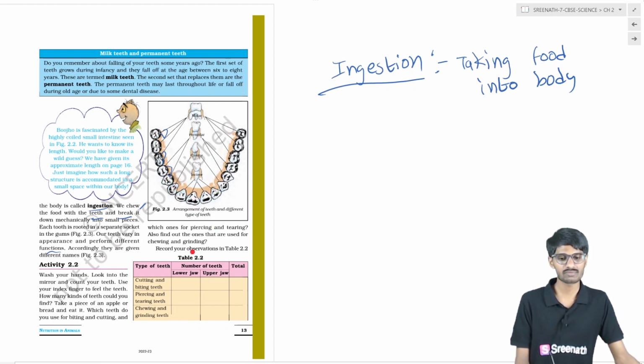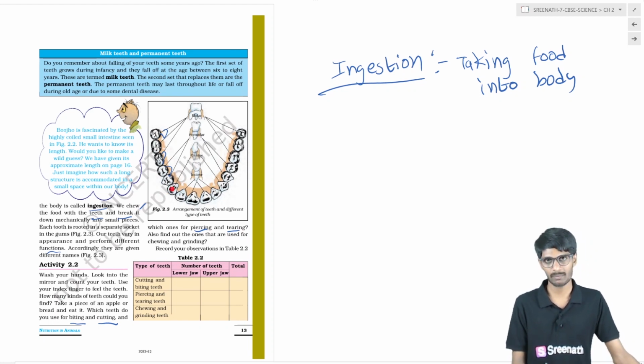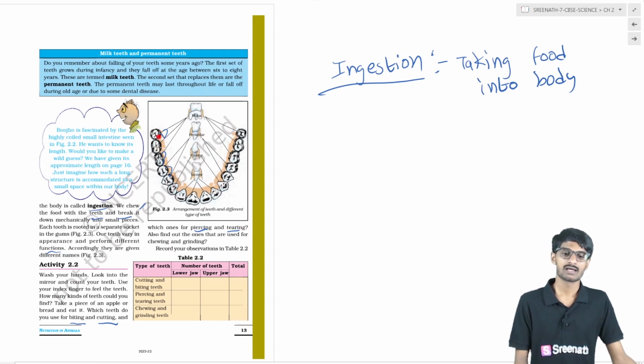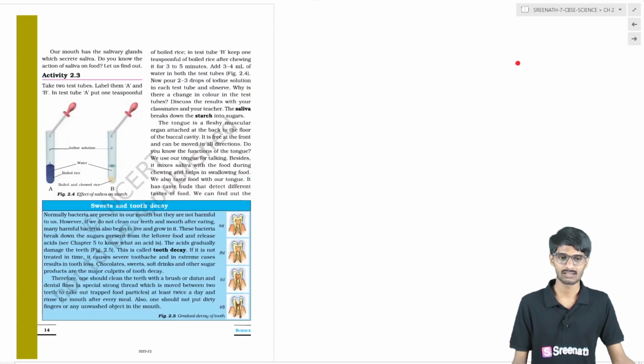With the help of teeth we are biting, cutting, piercing and tearing. All the teeth are rooted in separate sockets, and all are doing different functions.